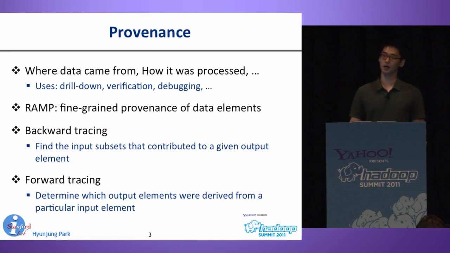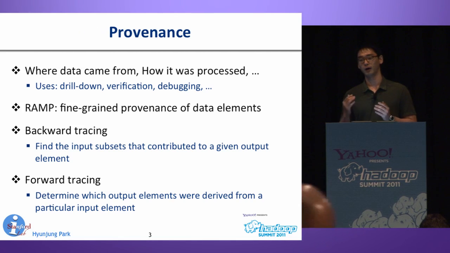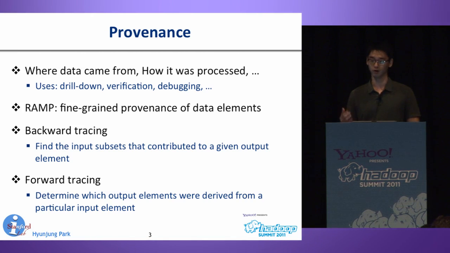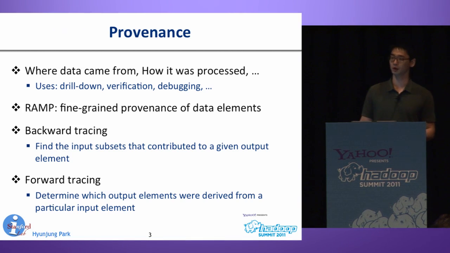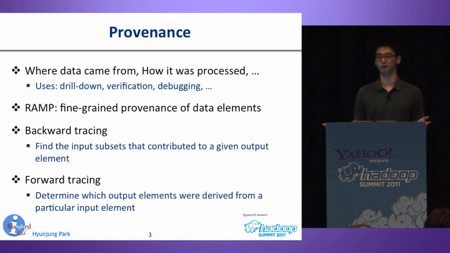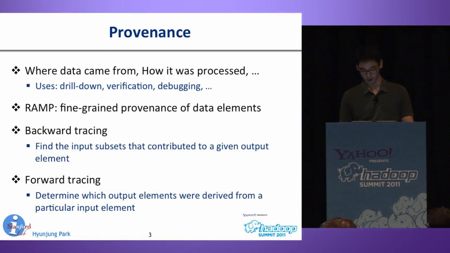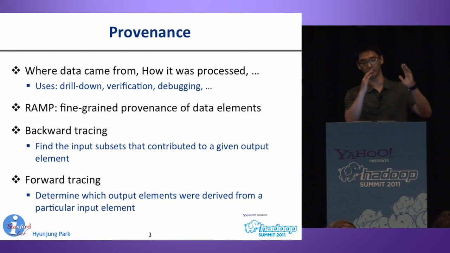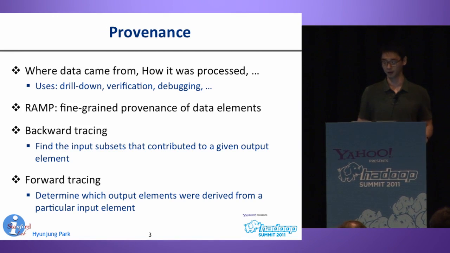So how can provenance help? The term provenance in general means where data came from, how it was processed or evolved over time. In this context, we are looking at fine-grained provenance of data elements, or key value pairs. You can think of our provenance as a bipartite mapping between input and output data elements.